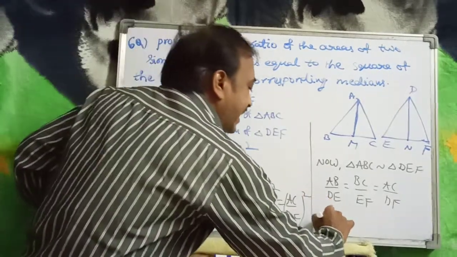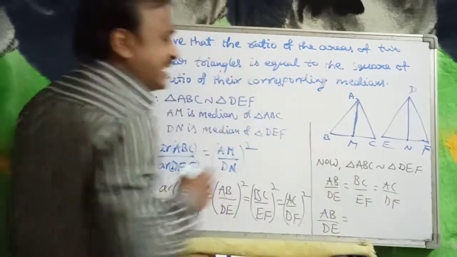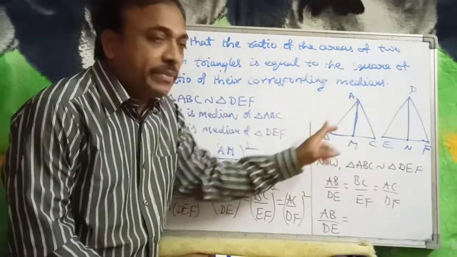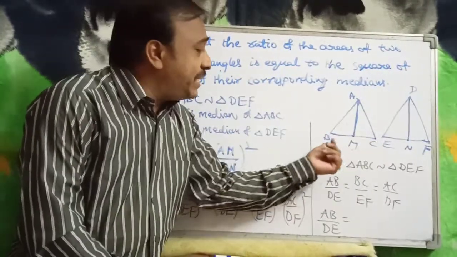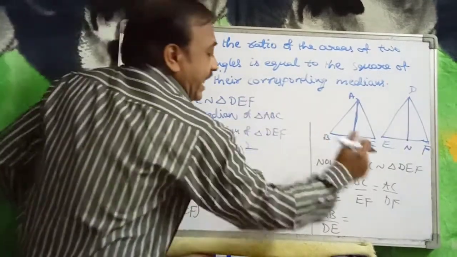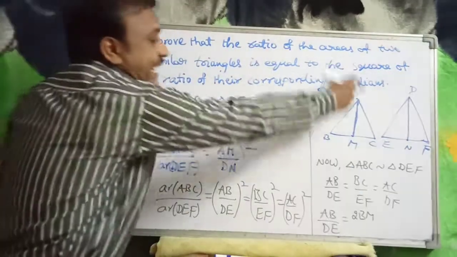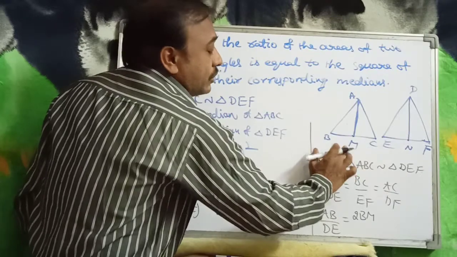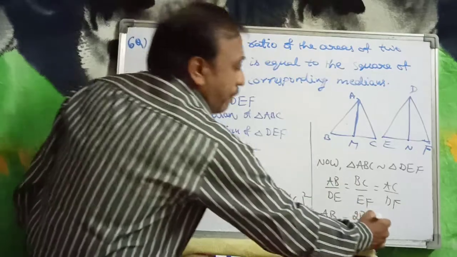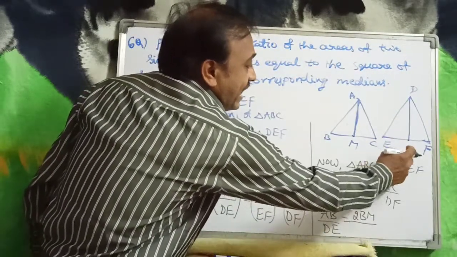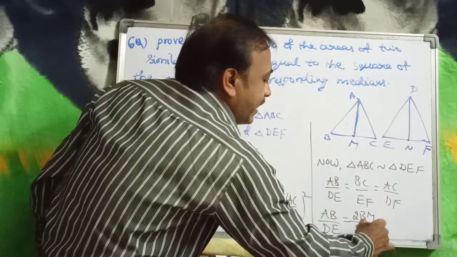Now AB by DE is equal to BC by EF. Observe it. M is the midpoint of BC, so BC can be written as 2 times BM. Why? M is the midpoint, AM is the median. So BM is half of BC, and BC is 2 times BM. Similarly, EF is 2 times EN.